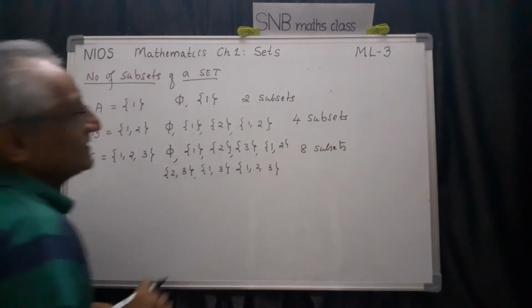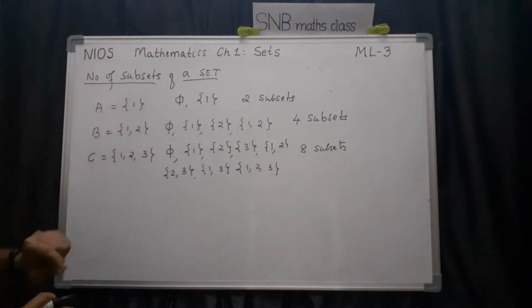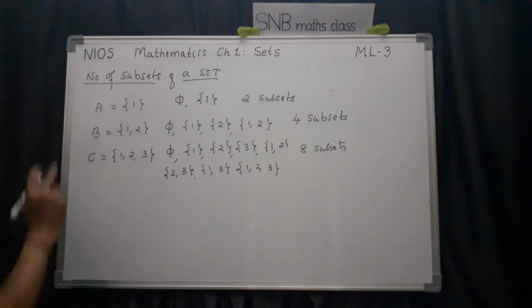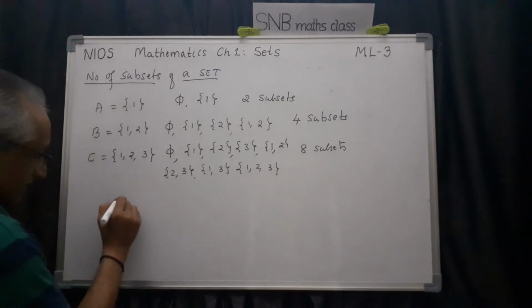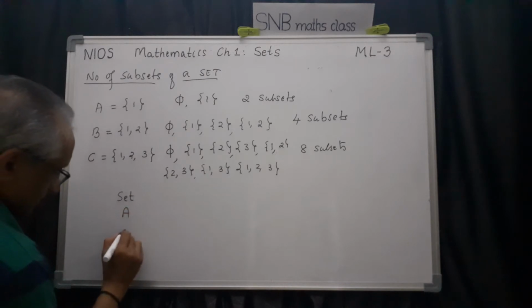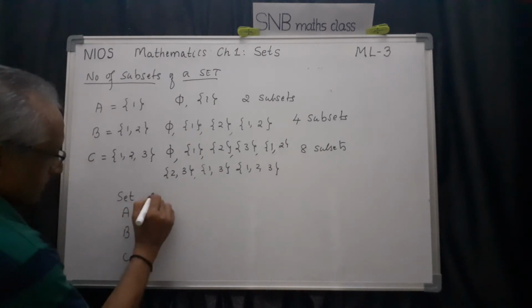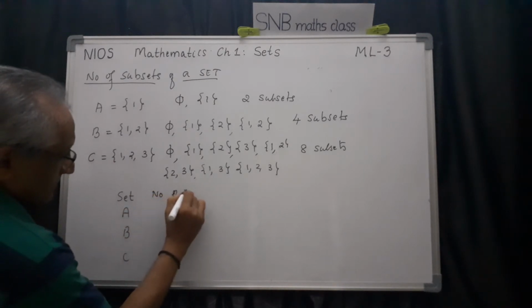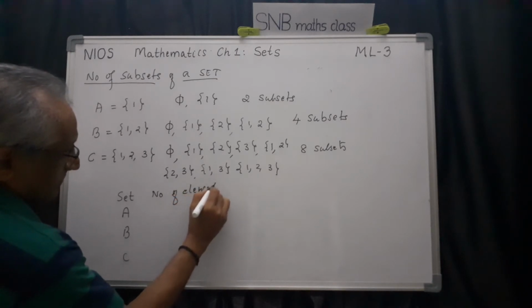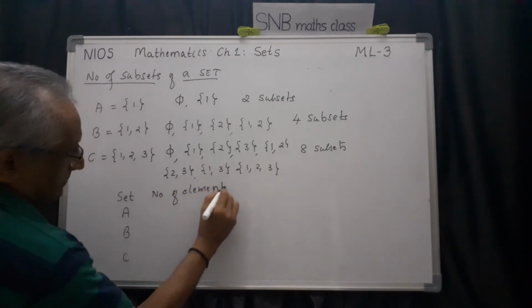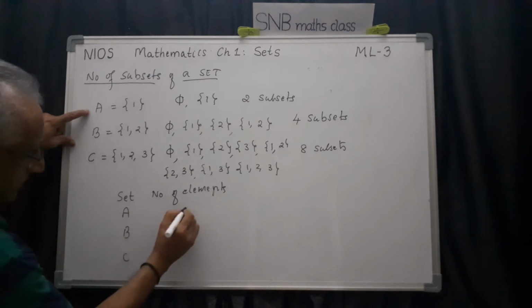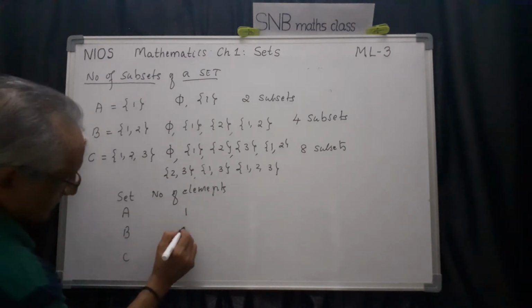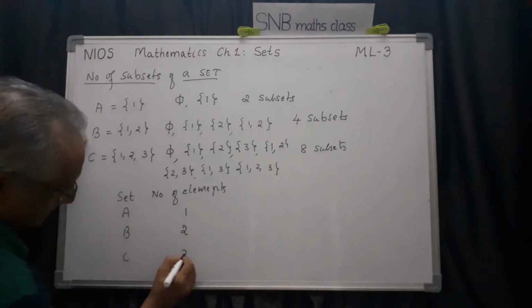So now there is an interesting relation. So what is the relation? So that we can generalize, you take a set, this is A, this is B, this is C, number of elements. Here there is only one element. Here there are two elements. Here there are three elements.